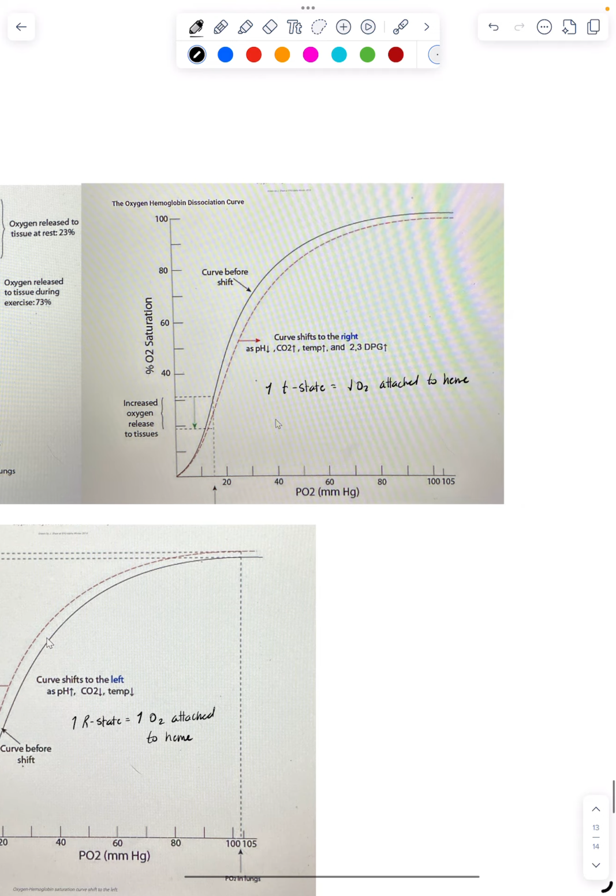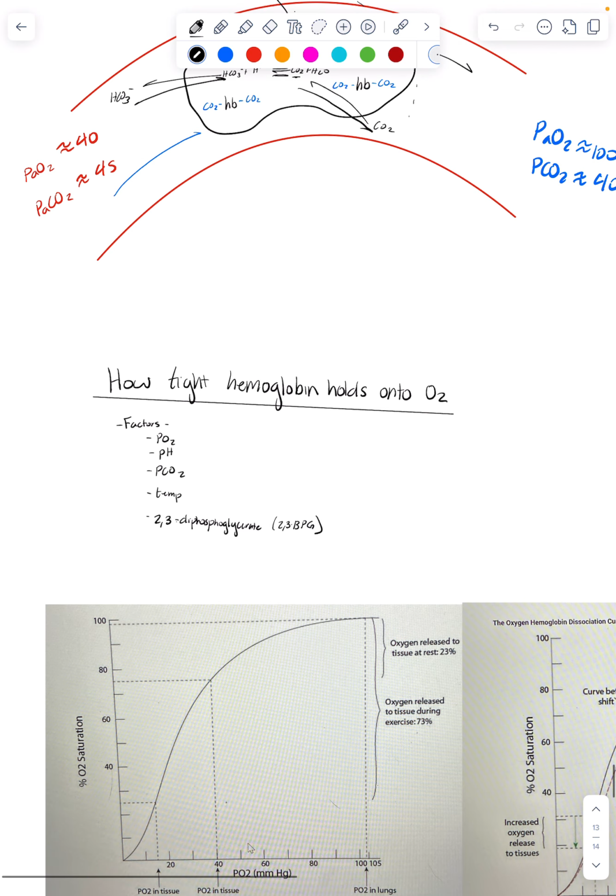So there are some things that happen to allow this exchange to work appropriately. A few things that can make hemoglobin hold on to O2 more or less are the partial pressure of oxygen, our pH, our partial pressure of CO2, temperature, and also 2,3-BPG.